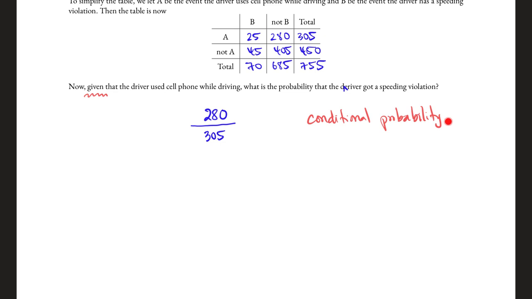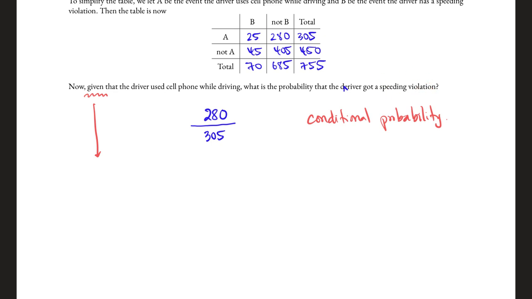The same thing, we use the term or and or complement for the previous probabilities that we studied. For the conditional probability, usually we are given an event and we're looking for the probability of another event.